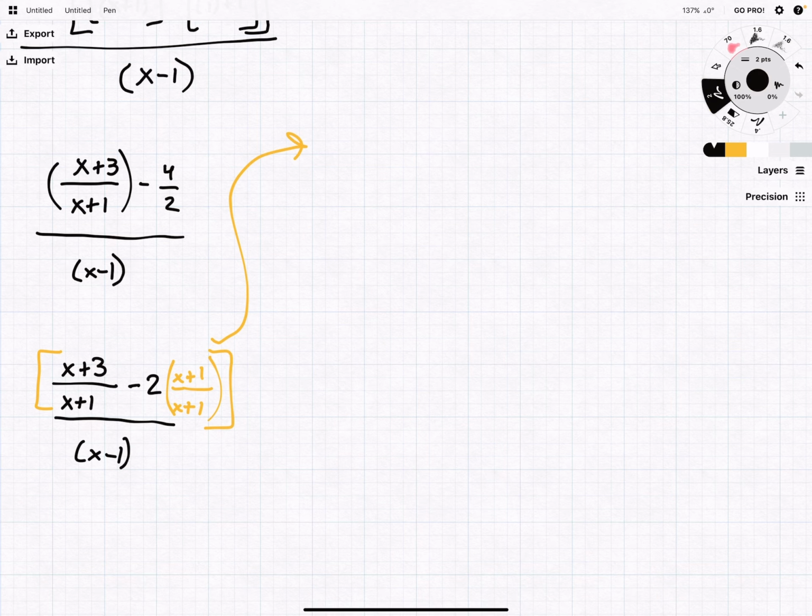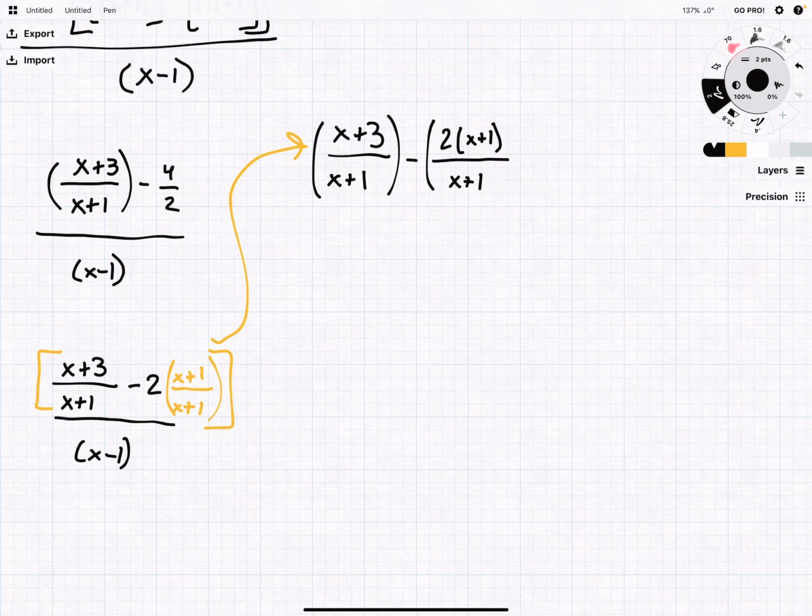And now we have (x plus 3) over (x plus 1) minus, again, we do have to be careful with some of our algebra, so minus, parentheses, 2 times (x plus 1) all over (x plus 1), and this is all over x minus 1.